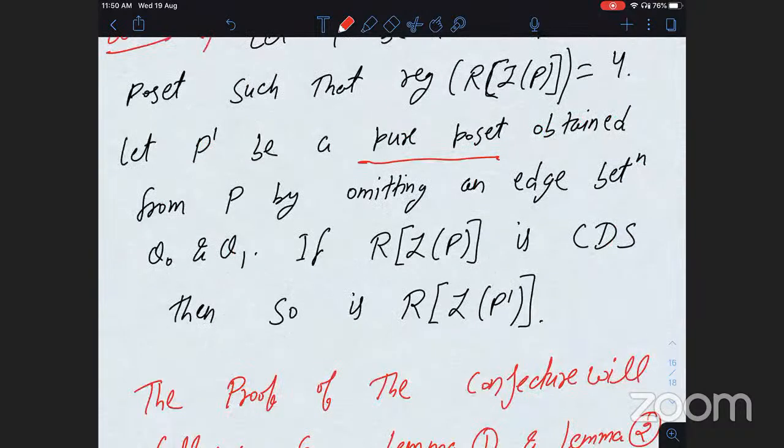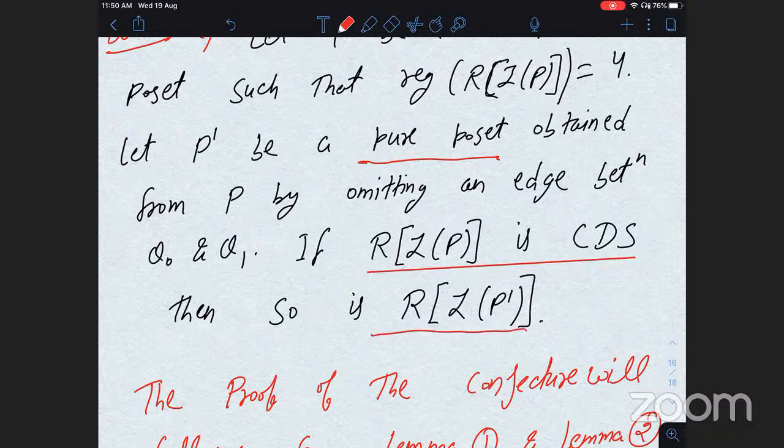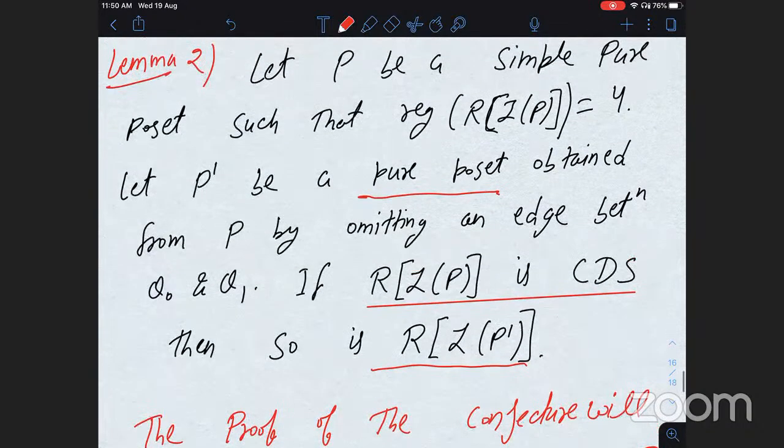So if R[P] is Charney-Davis-Stanley, then so is R[P prime]. We will not prove this lemma, but using lemma 1 and lemma 2, we have the proof of the conjecture. I'll state how.